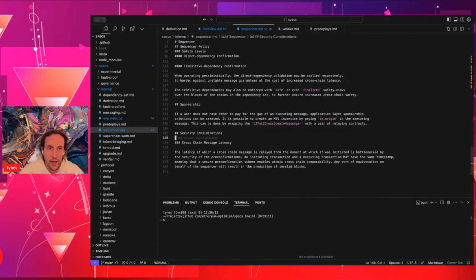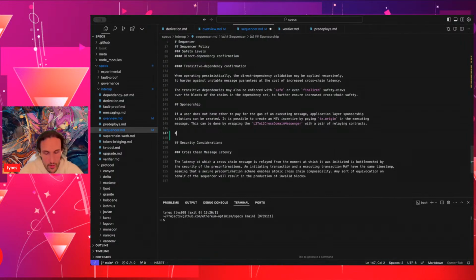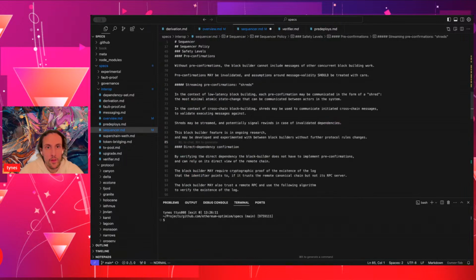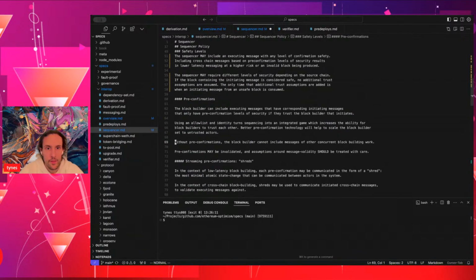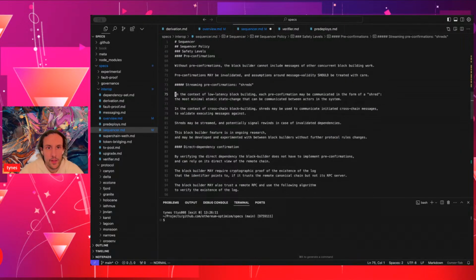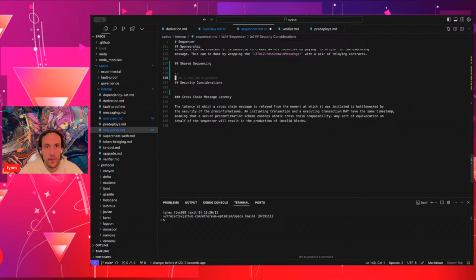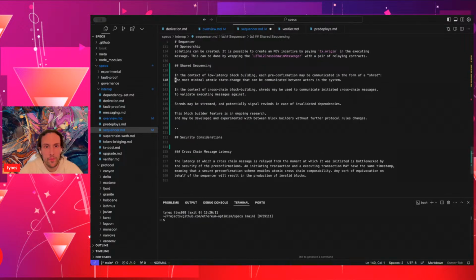Let's add a section on shared sequencing. And then what we can do is take this, put this written right there, put it here.